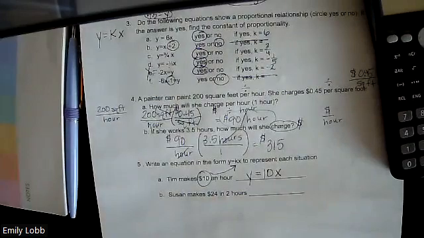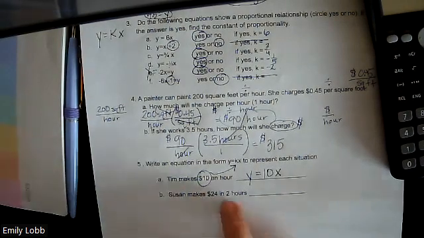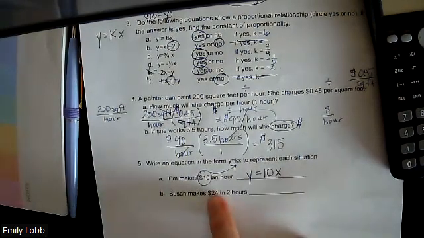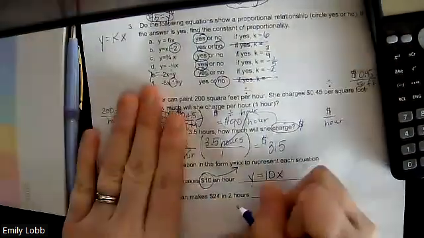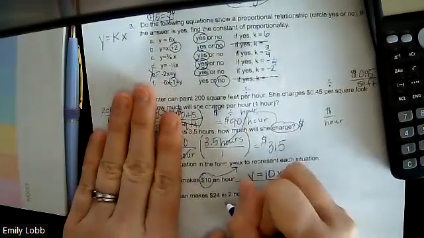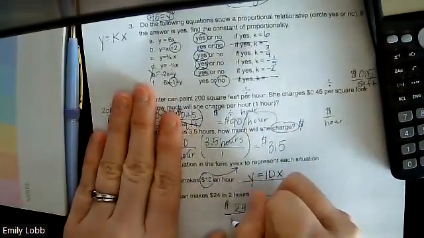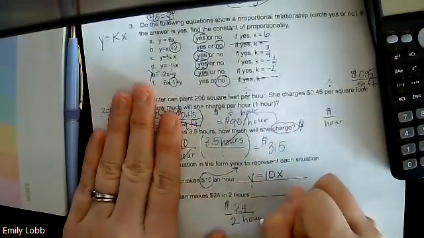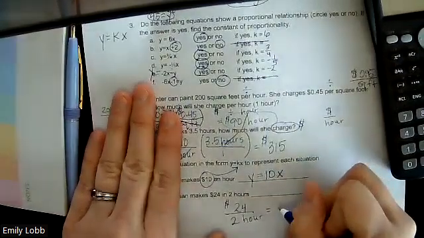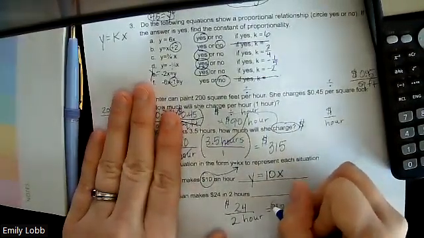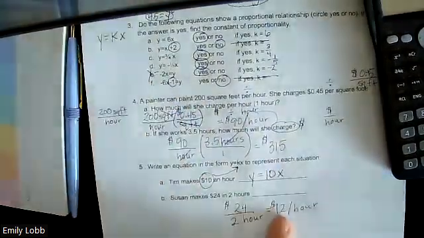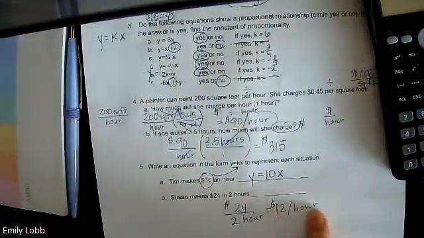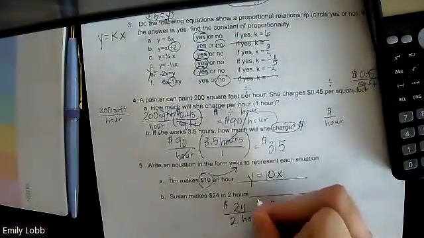Susan makes $24 in 2 hours. Is this a unit rate? No, because it's in 2 hours, not in 1 hour. So to find it, we would take dollars per hours, and this would give us how much? $12 per hour. Is $12 a unit rate? Yes. Per 1 hour. 1 is the 1 unit. Very good.